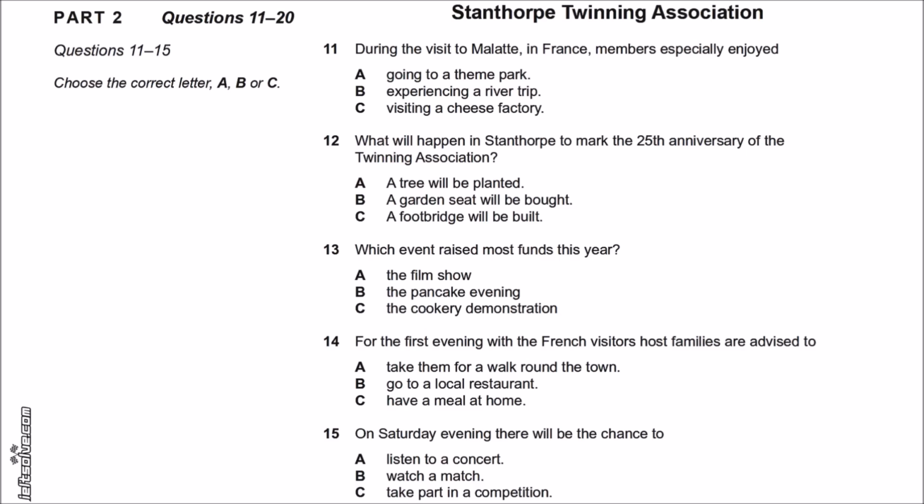Part 2. You will hear the chairman of Stanthorpe Twinning Association, which organises the link between Stanthorpe in England and a town in France, talking to members about the year's events. It's great to see so many members of the Twinning Association here tonight.